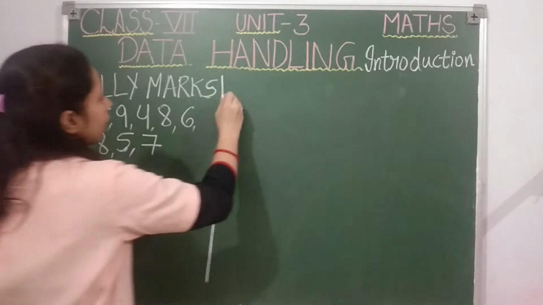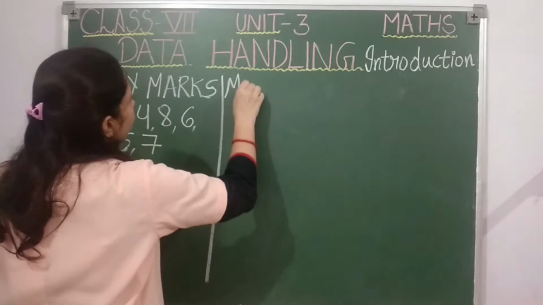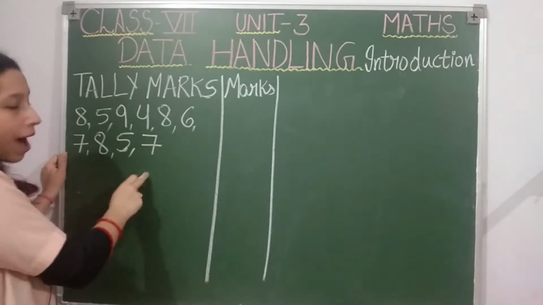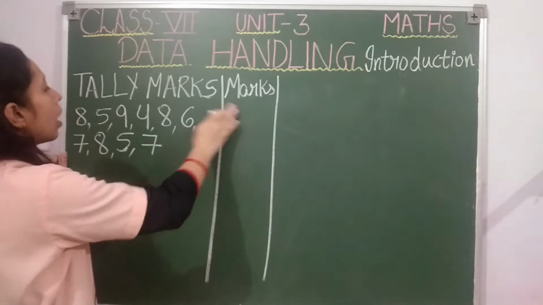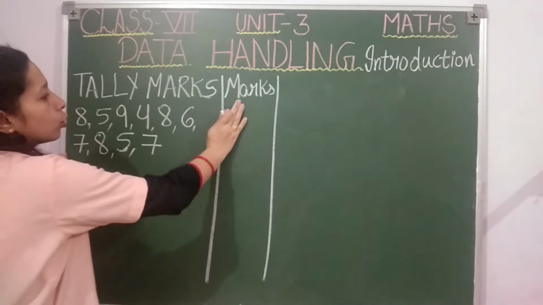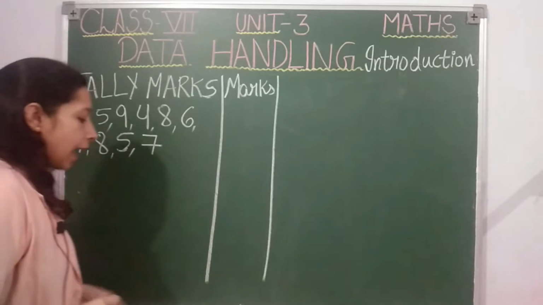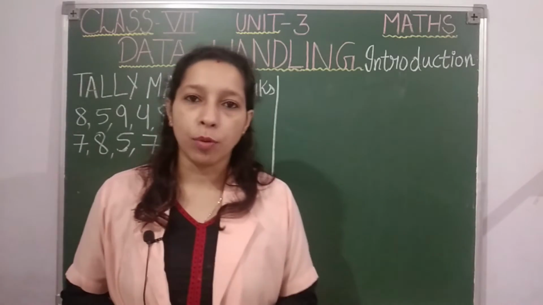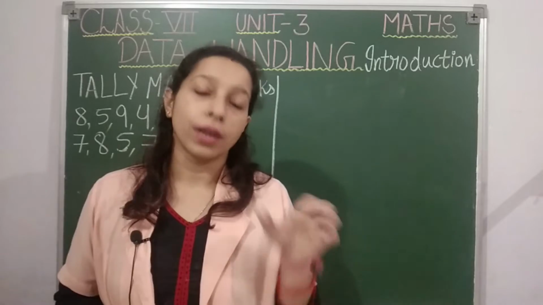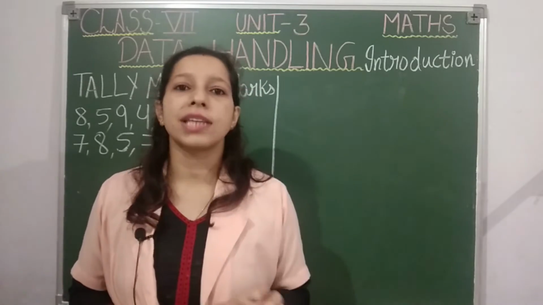So the first thing is to draw the column for the given information. Which information was given to you, students? Marks were given. So the first column will be the information given to you. Here it was marks. So my first column is marks. And as we are recording the data in tabular form, students, always remember to write the information in ascending order.